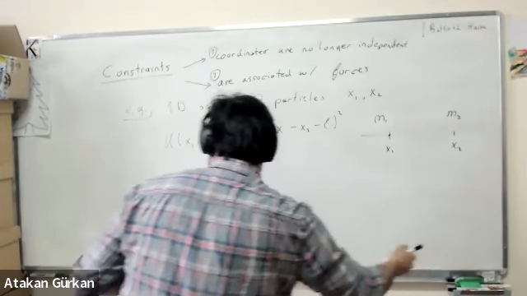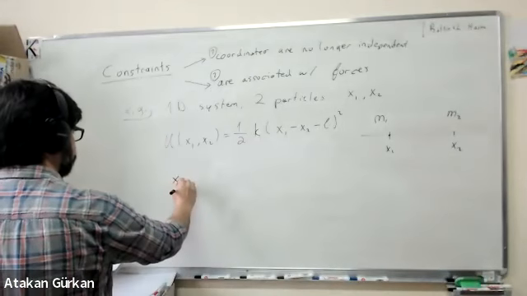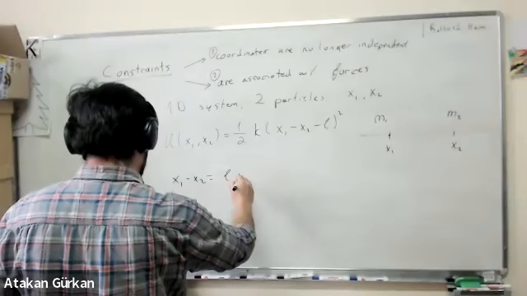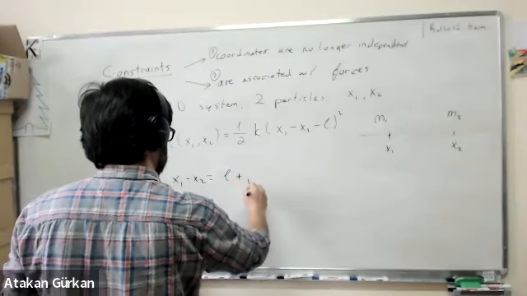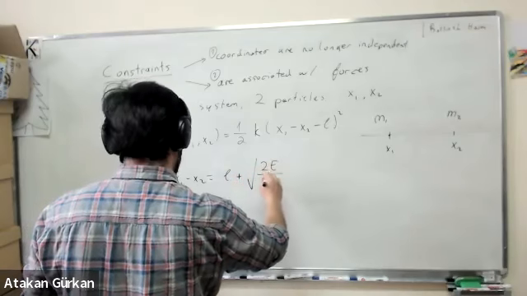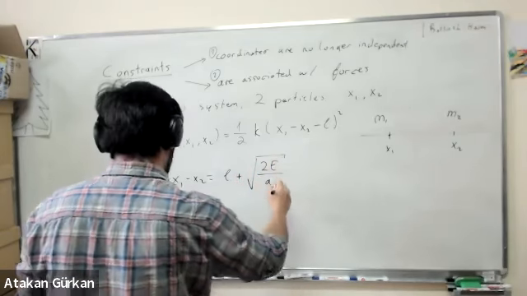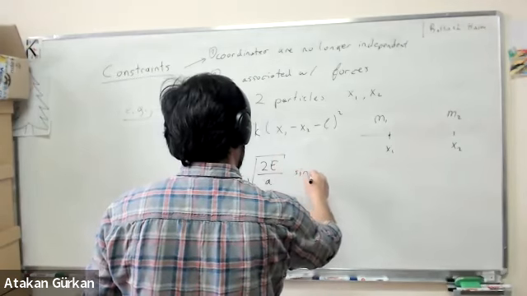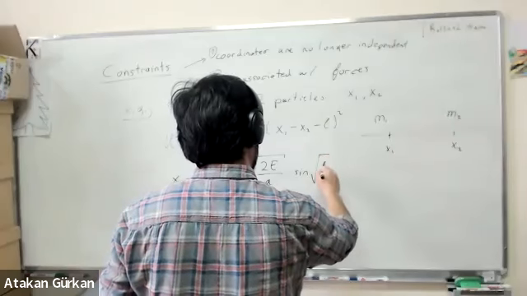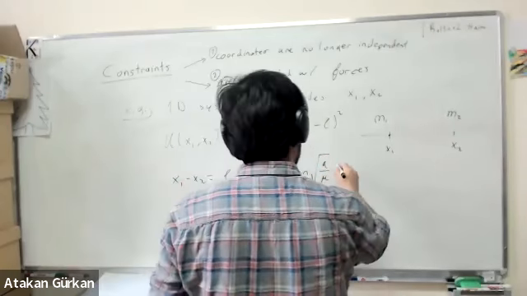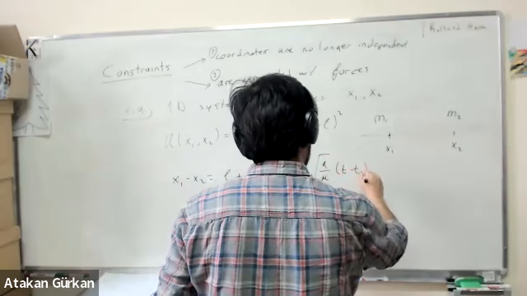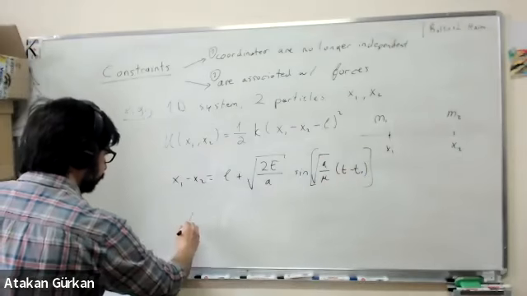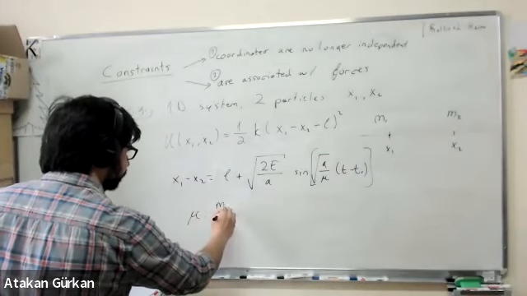x1 minus x2 is going to be L plus B by A sine of something, and that mu is the so-called reduced mass.